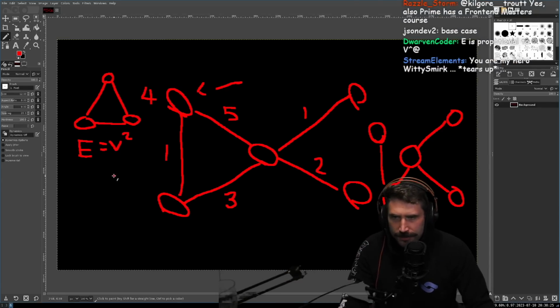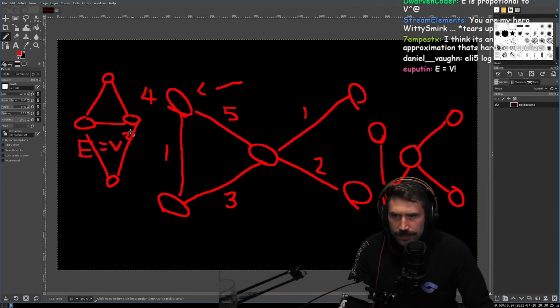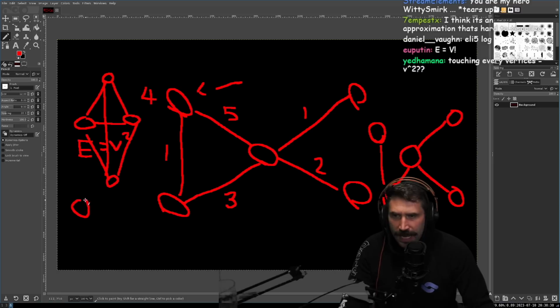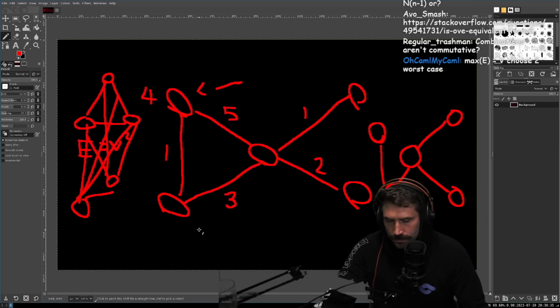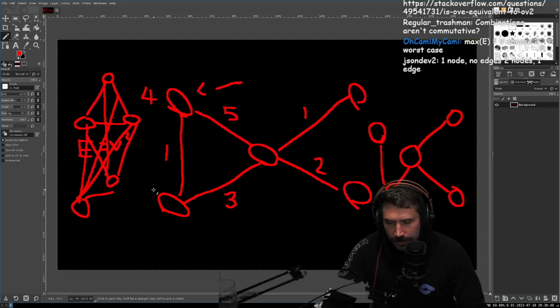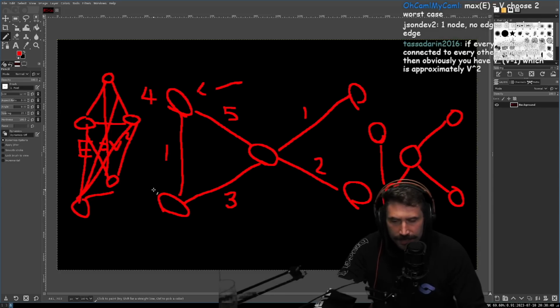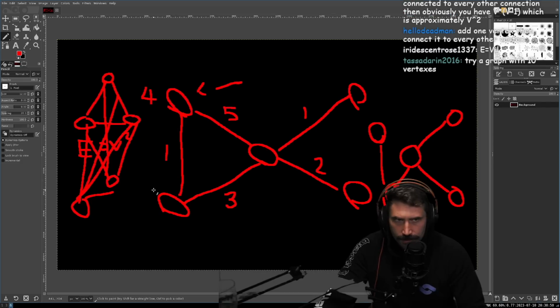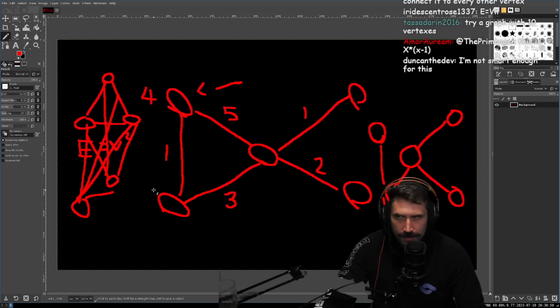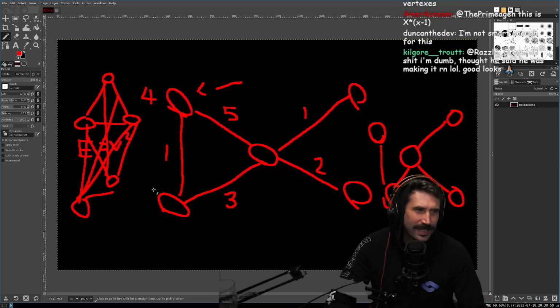Okay, so we got 3. Let's do 4. That'd be 1, 2, 3. Let's do 5. On a fully connected graph, every time you add a node, you do not double the amount of edges. I think you guys are wrong.